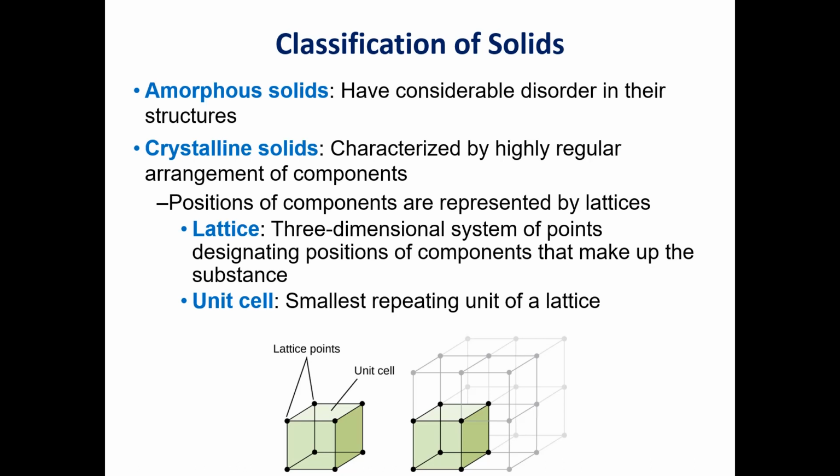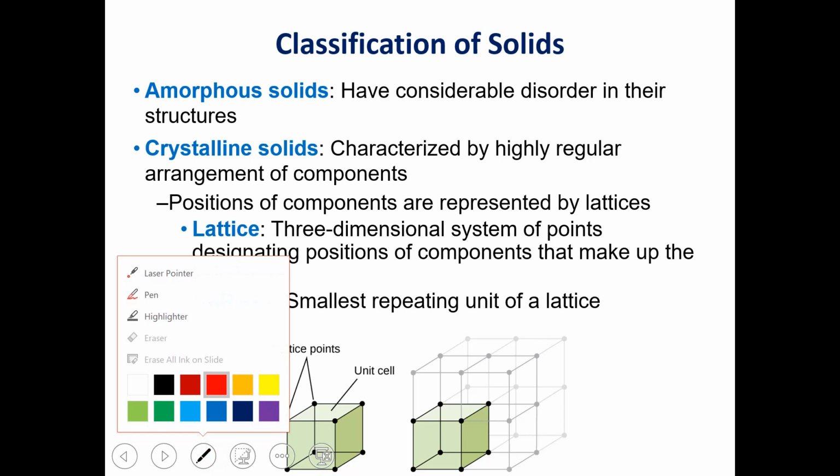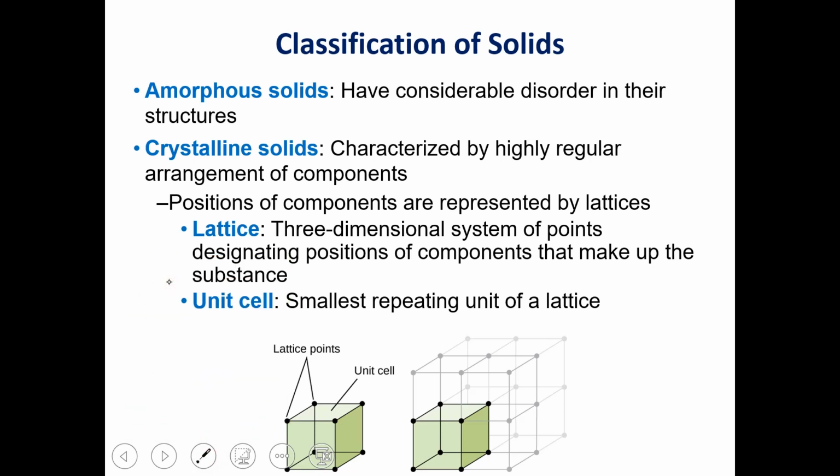If you look at the illustration down here, this larger structure is a lattice. Within this lattice, there are cubes. One of these individual cubes is a unit cell. So this lattice has multiple unit cells that make up the entire structure.